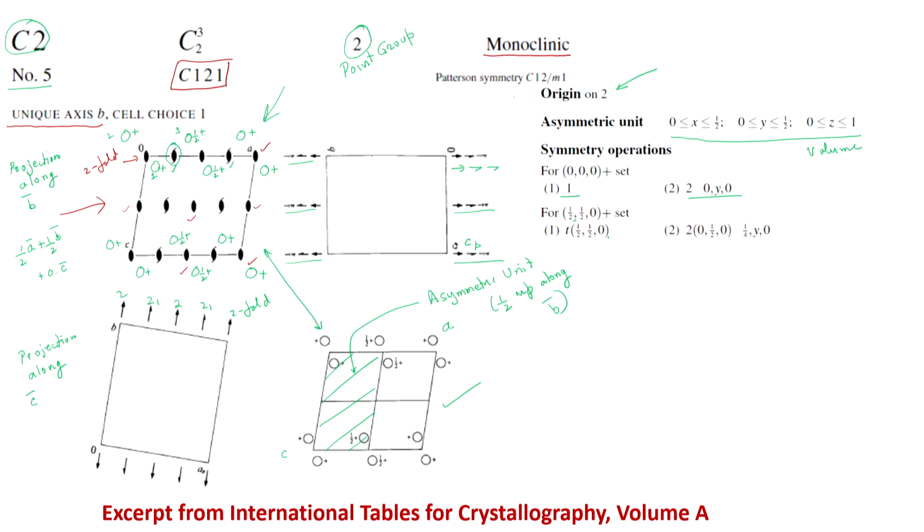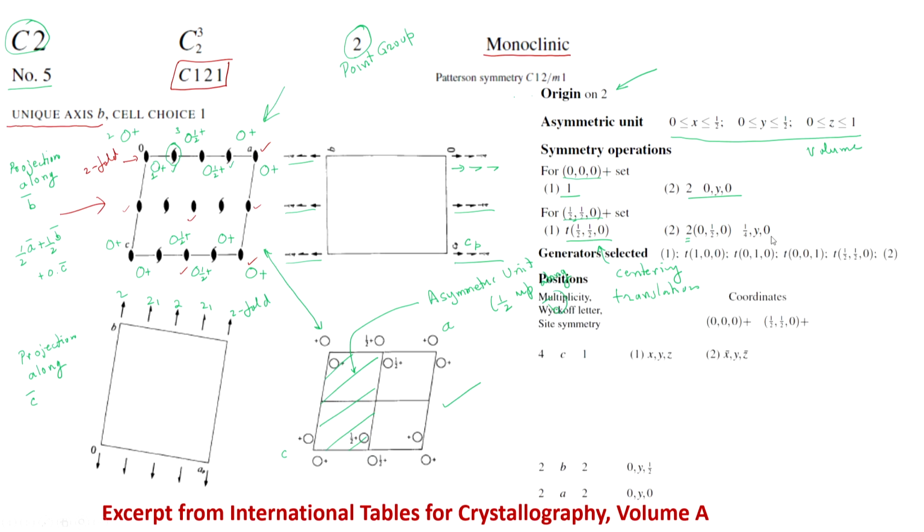Then, this is for the lattice point at the face center, so I have the centering translation, and I have a two-fold rotation symmetry, 0, 1/2, 0 and 1/4, y, 0. These are the symmetry operations present in the cell or in the space group.